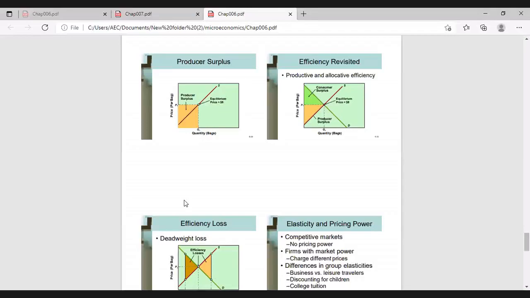Earlier we studied the budget line, the budget constraint. Now we will study consumer preference. Then we combine the budget and this preference. Then we will see how the consumer makes a choice, and from that choice how we derive individual consumer demand. We will study this in chapter 7.